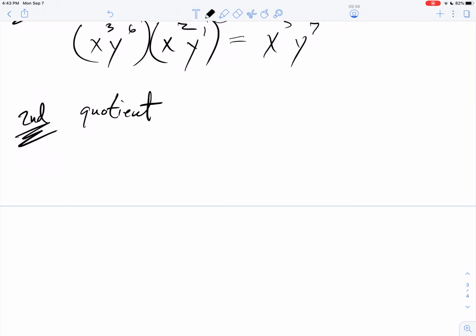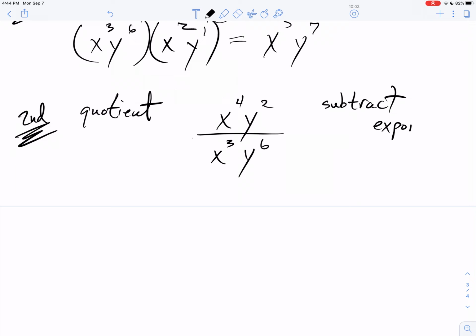The quotient rule is when I have stuff like this. Let's say x^4 y^2 over x^3 y^6. The quotient rule is when we subtract exponents.